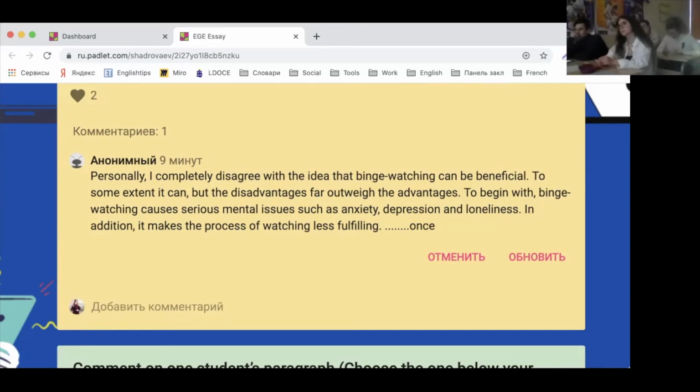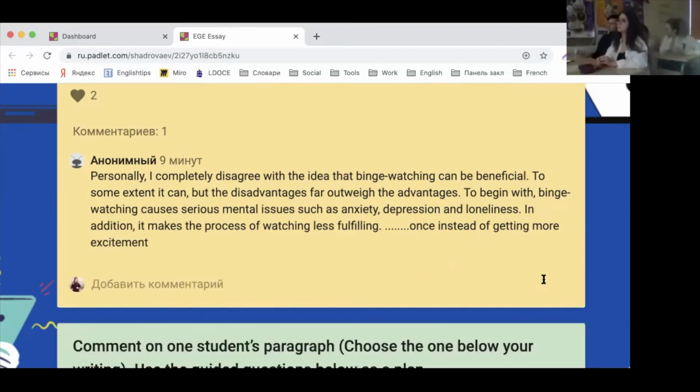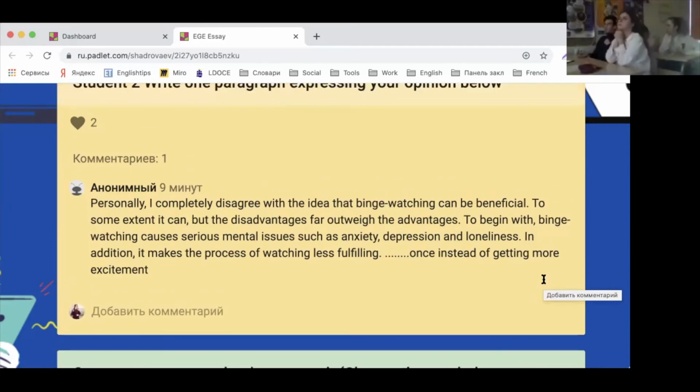You get it only once, instead of getting more excitement. Okay, probably the idea can be better developed here, but it's not a mistake. So what you have is completely fine.